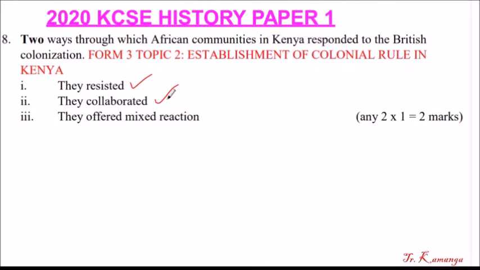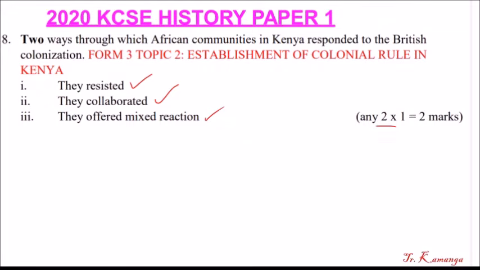They collaborated. There are those that collaborated, popularly known as guards. Then they offered mixed reaction. This means they collaborated as well as resisted. So those 3. If you mention any 2, you will be able to get 2 marks, 1 mark for each, and that's how you answer question number 8.